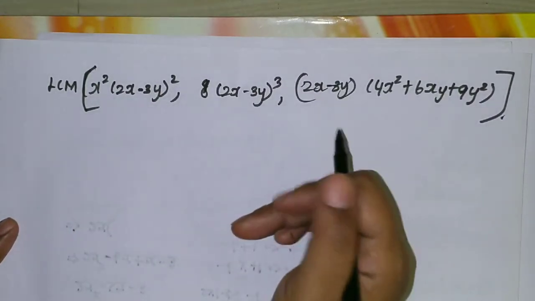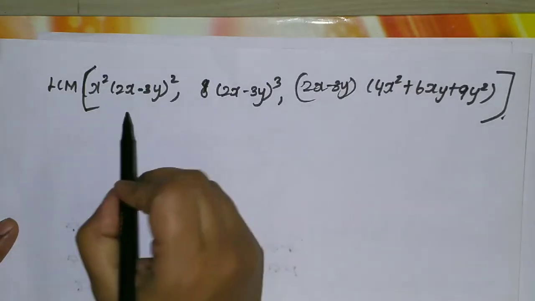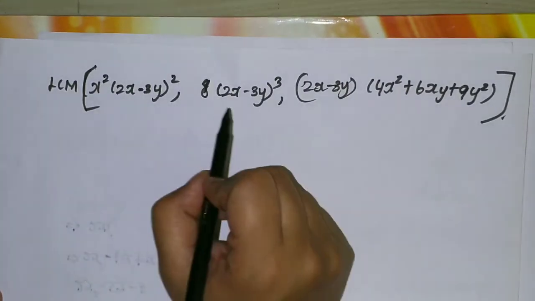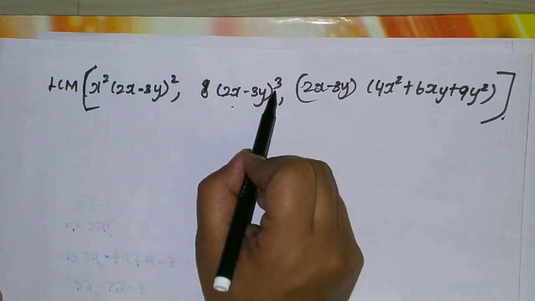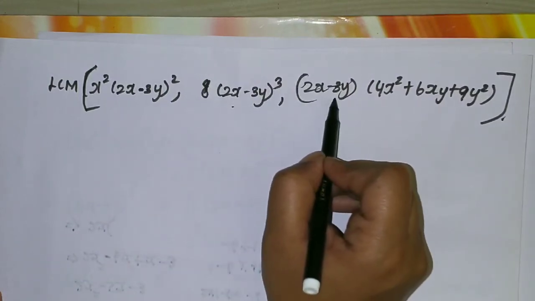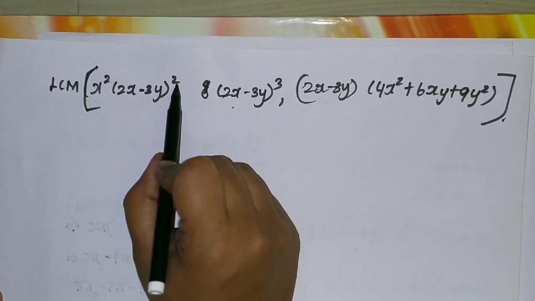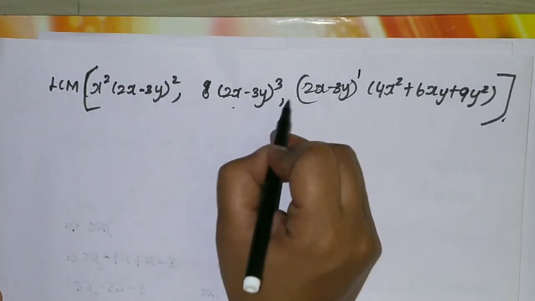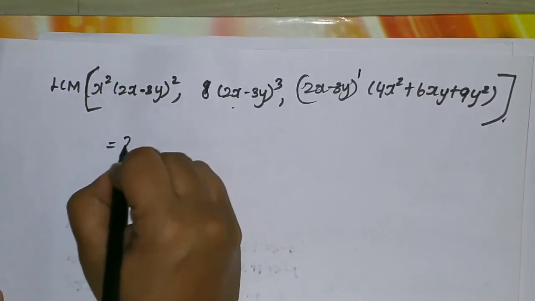Now I am going to find the LCM. So what is the common term we have here? Here we have 2x minus 3y whole square. Here we have 2x minus 3y cube. Here we have 2x minus 3y. Here the power is 2, here the power is 3, here the power is 1. So whichever has the highest power, we should take and write that.